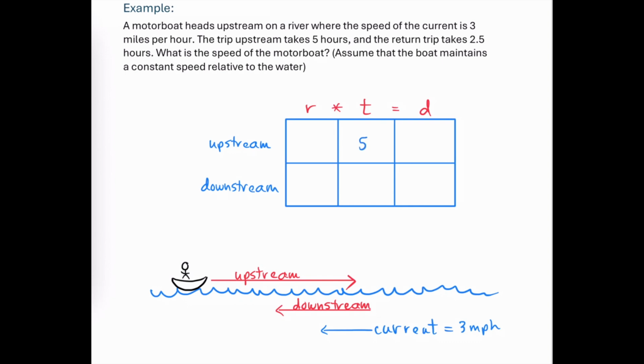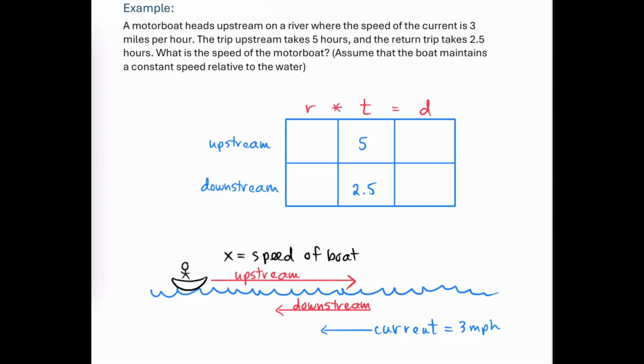The return trip takes 2.5 hours, so the trip downstream is going to take 2.5 hours. We're being asked to find the speed of the motorboat, so that is our unknown quantity. Let's also indicate that unknown in our concept drawing, making sure to identify that x is equal to the speed of the boat.